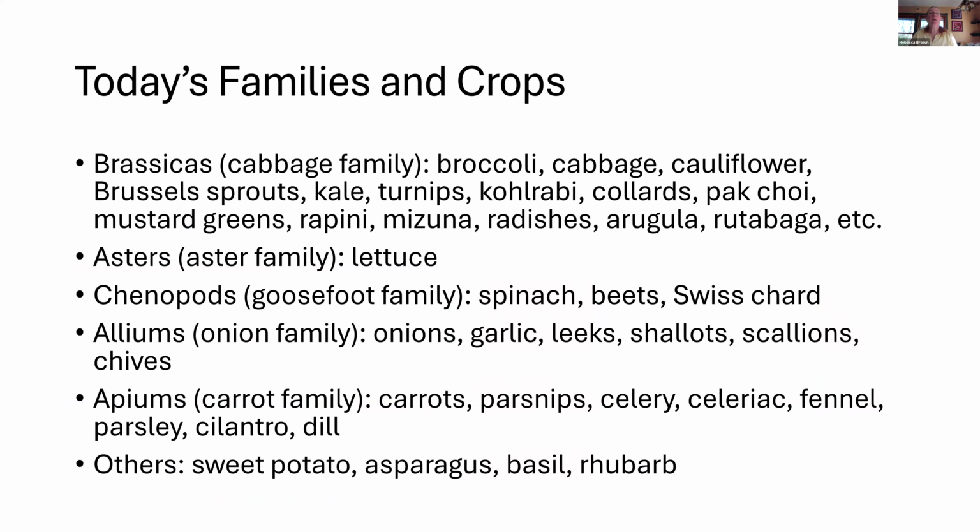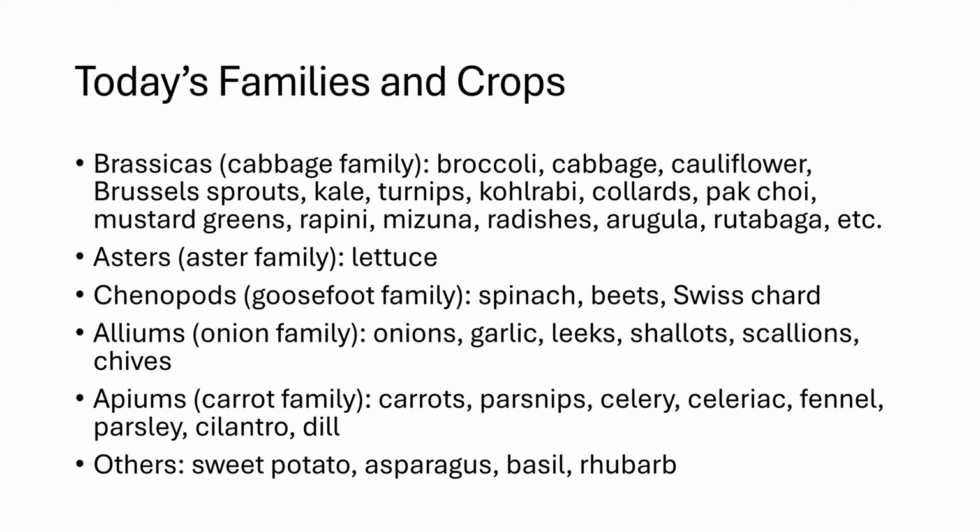Then we will talk about the asters or the Asteraceae. This family is lettuce. It also includes the chicories, radicchio, escarole, and artichokes, but we're not going to talk about those today, just in interest of time.